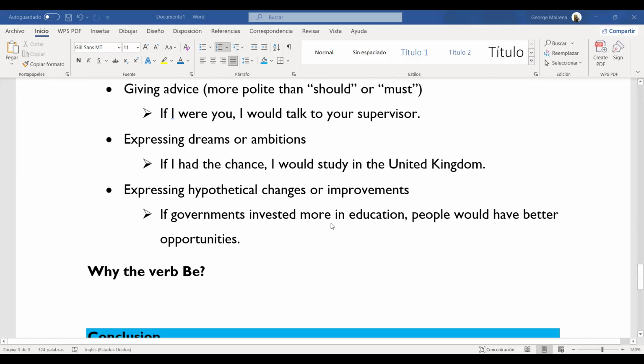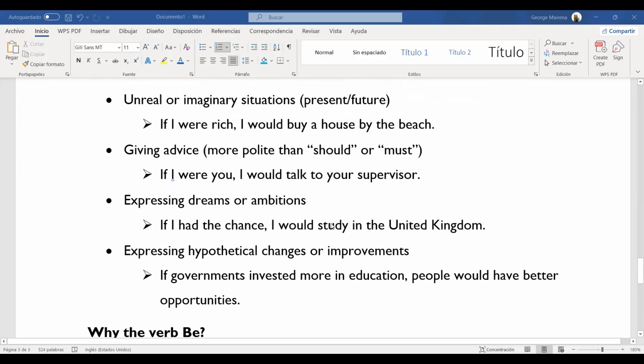So now I have a question. Why the verb be? If you analyze the examples we have, for example, in number one and number two, we have if I were rich and if I were you. So why do you think we are using were if we have I?